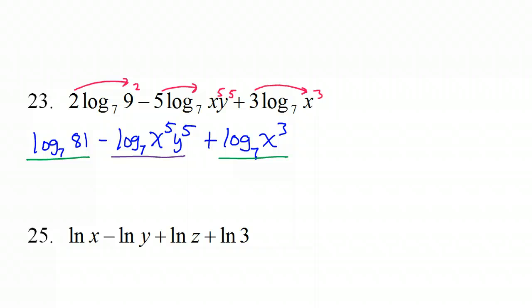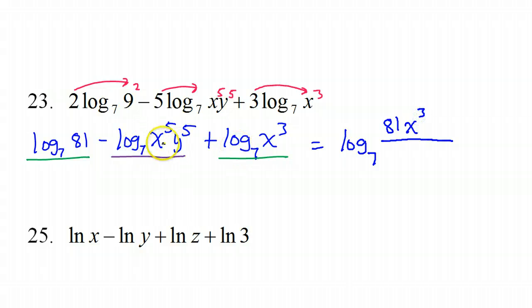So that's why I'm going to have log base 7 of, numerator 81 x to the 3rd power, denominator x to the 5th power y to the 5th power. Now I can't leave it like this because it just so happened to have x's in the numerator and denominator, so I've got to cancel these out.